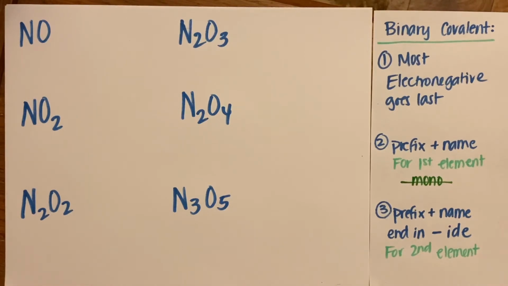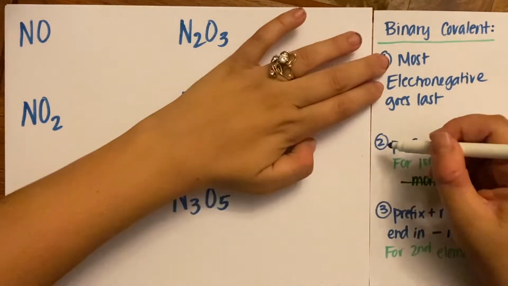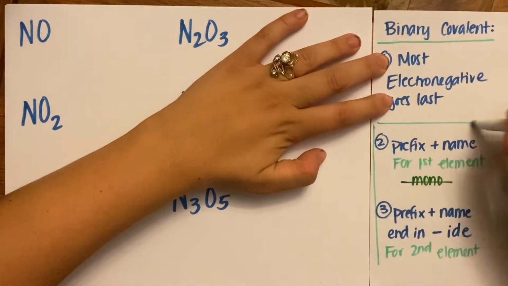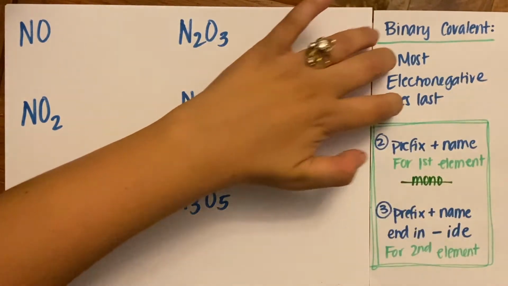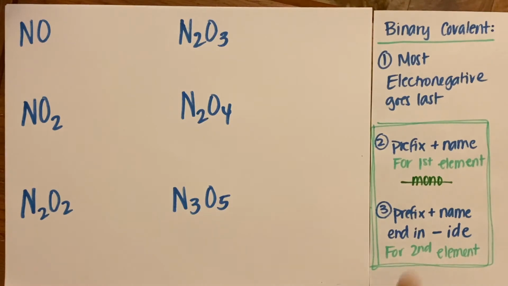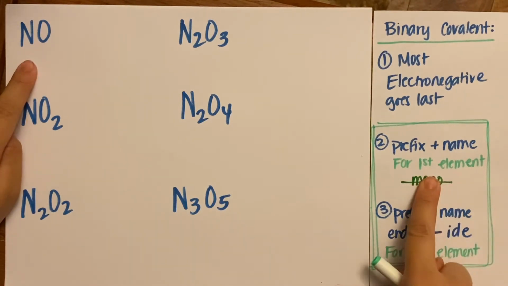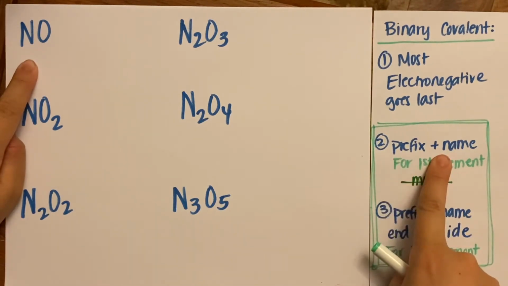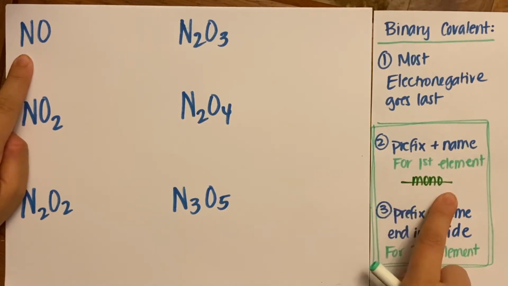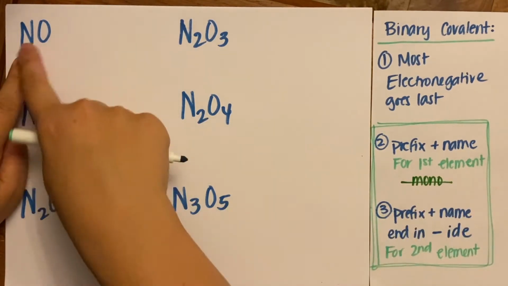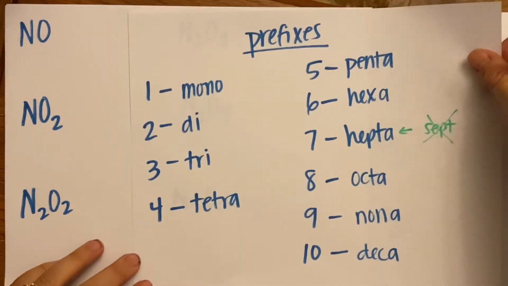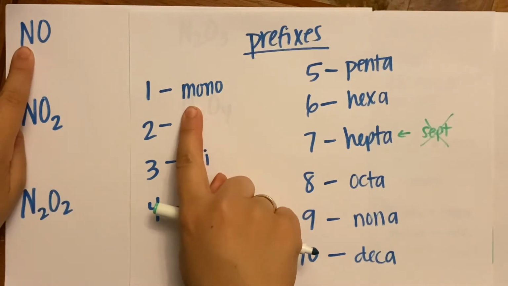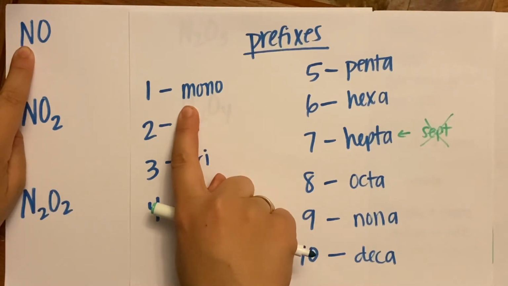To actually name them, it's basically going to be these 2 rules right here. For my first element, I just have the prefix and the name, but don't have mono if it starts with mono. So NO, there's only one N, so that would be mono, but I don't start a compound with mono ever.